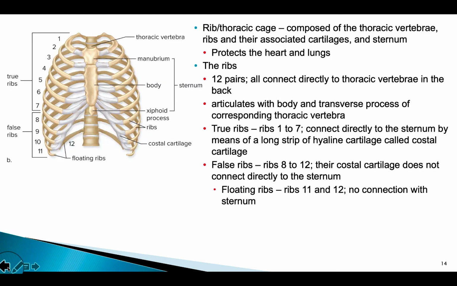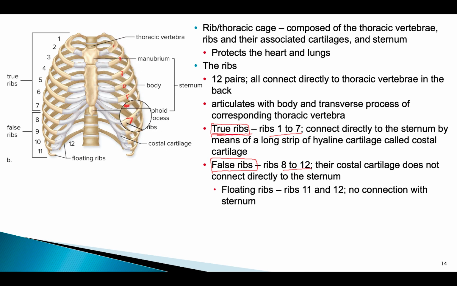All right, so we have 12 total ribs and there are specific names for them. We call them the true ribs right over here. The first 7 ribs are known as true ribs, and we have the false ribs, the last ones, 8 to 12. So why do we call them true ribs? Let me count it here: 1, 2, 3, 4, 5, 6, 7.